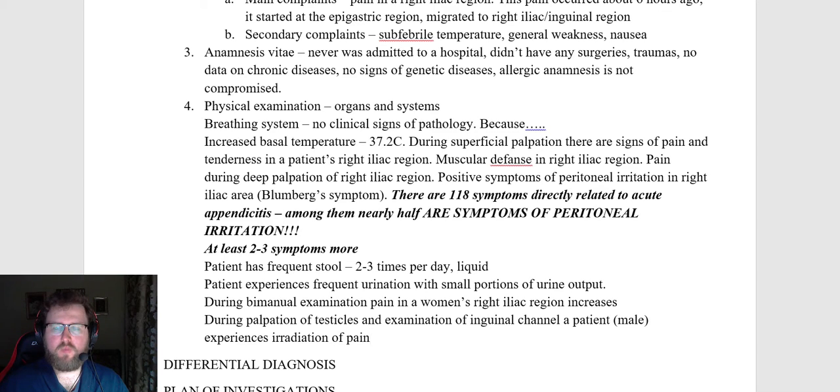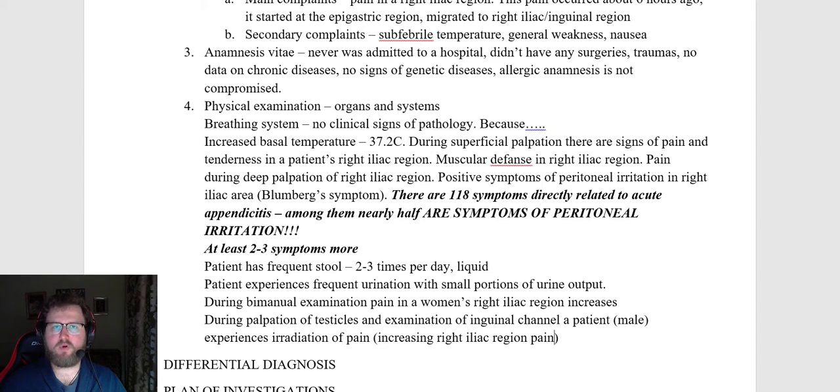Or even more, he can feel not only irradiation, but during palpation of his inguinal canal, he may feel that the pain in the right iliac region increases. This can also refer to acute appendicitis.